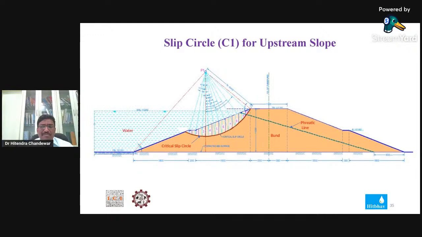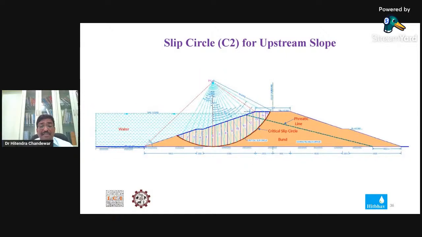I will just skip through this within 2 seconds. You will find n number of slip circles. This is one slip circle starting from the edge of the top of the bund, for the upstream slope. The second one is the slip circle tangent to the dam seat.